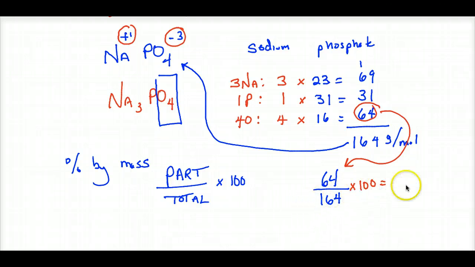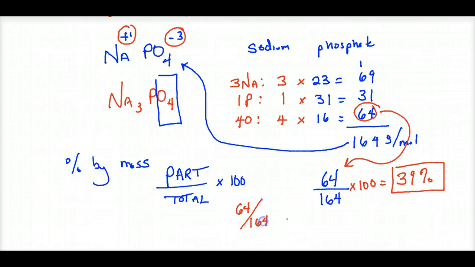And what I would get here is 39%. Now, in these types of questions, they could just give you the work and not look for the percentage. And you would see choices like, hey, 64 over 164 times 100, and that'd be the work.